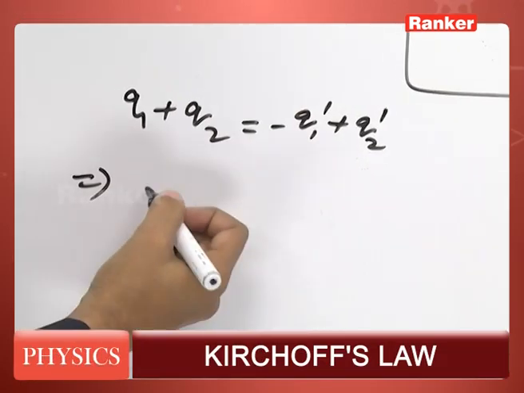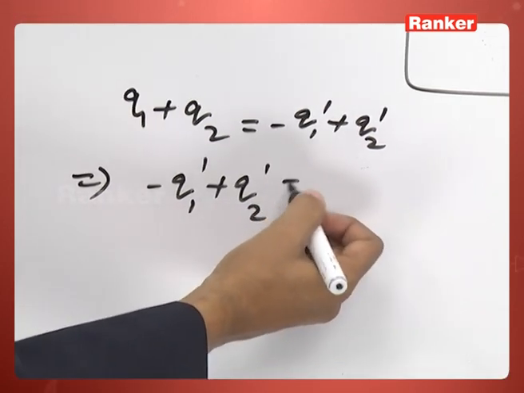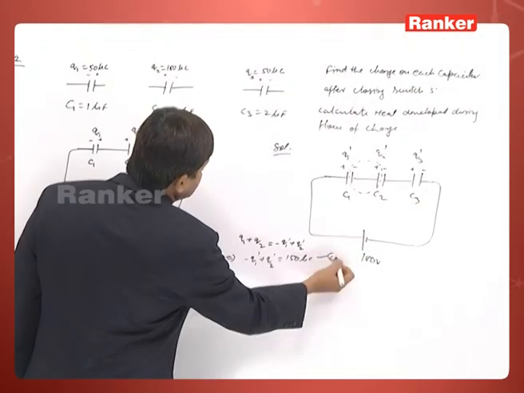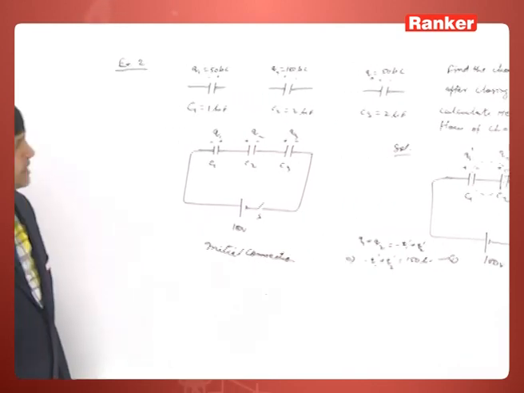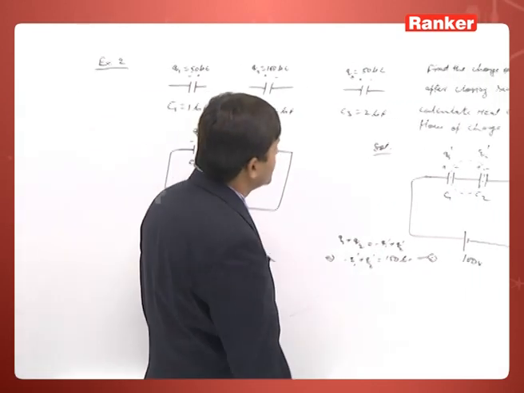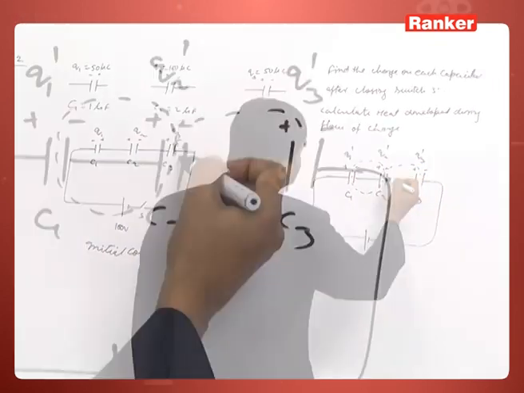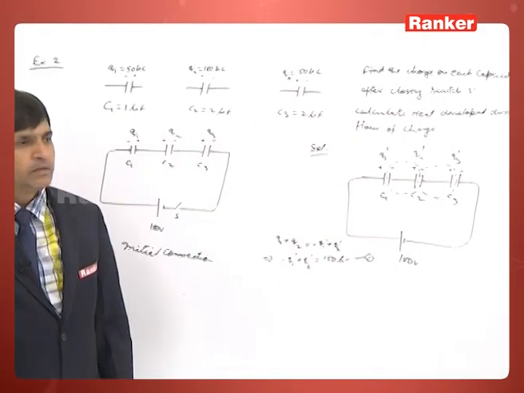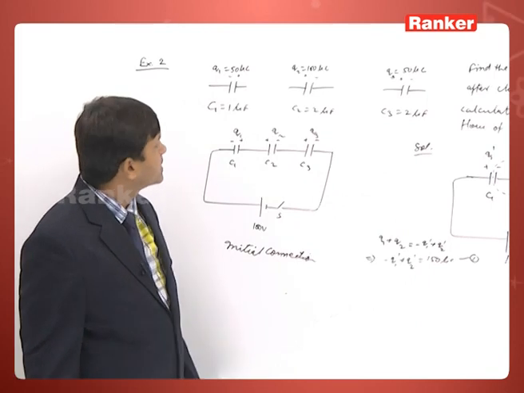So that can be written as minus Q1 dash plus Q2 dash is 150 microcoulomb. This is the first equation. Similarly, see, if I am talking about these two plates, that is also called an isolated plate.